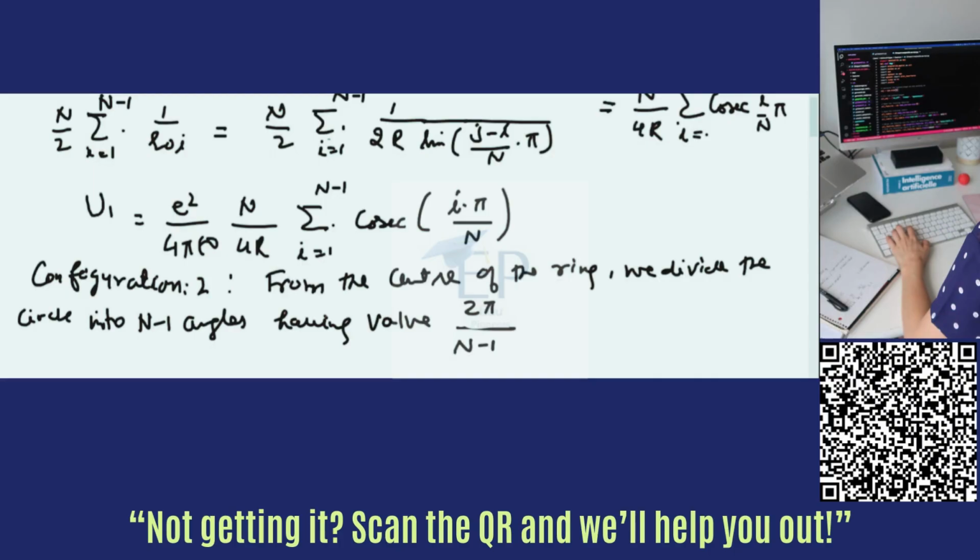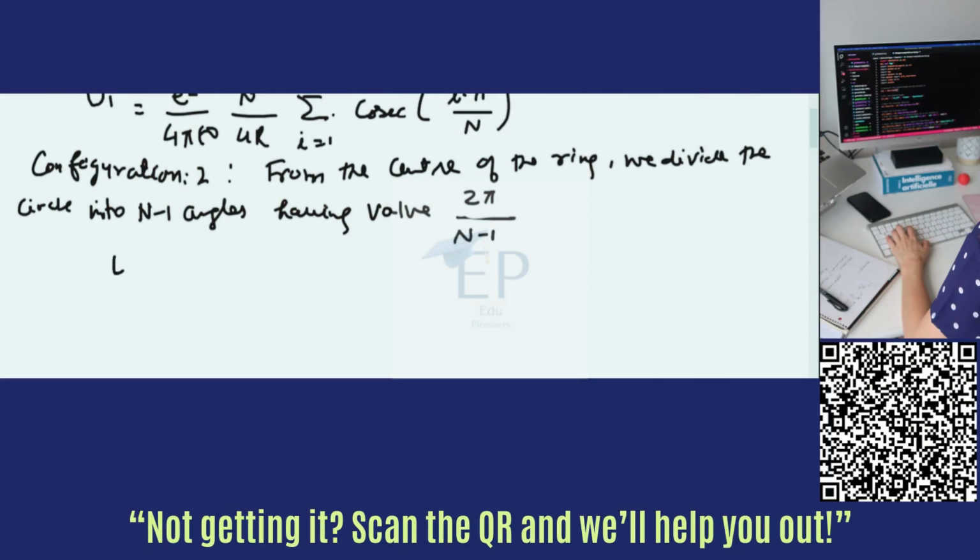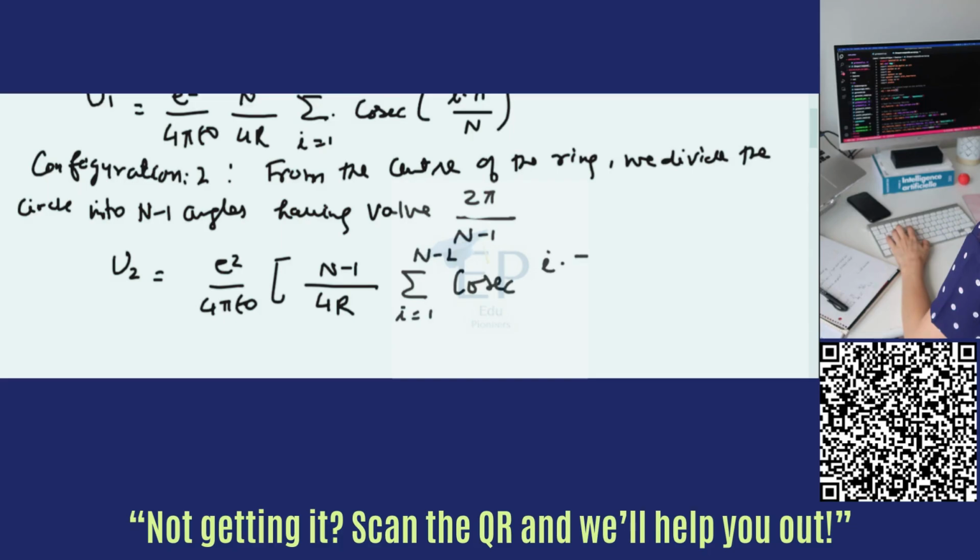So energy of the system in second configuration we can measure as e square upon 4 pi epsilon naught, n minus 1 upon 4r summation of i is equal to 1 to n minus 2 cosec i into pi upon n minus 1 plus n minus 1 into r.